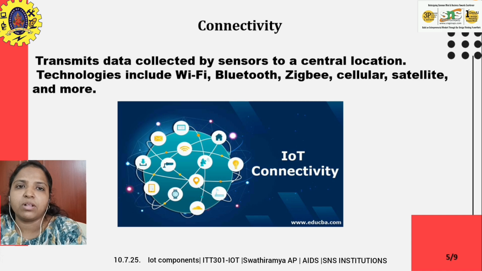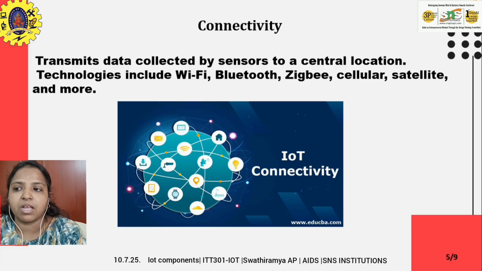You collect all the data using some kind of devices, and this data has to be transferred from one device to another. For example, you collect the temperature of the room using a thermostat sensor, and this data has to be transferred to the cloud for further processing. So you need connectivity to transfer the data from the device to the cloud.